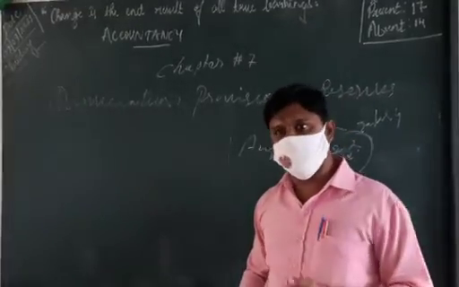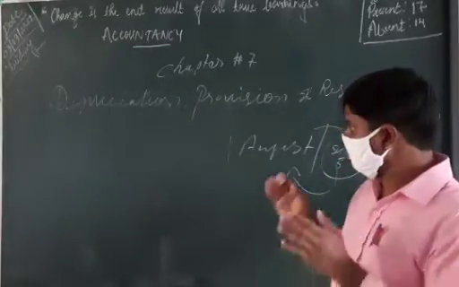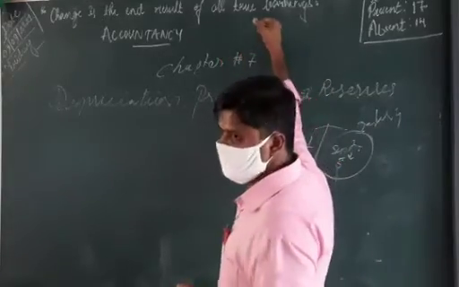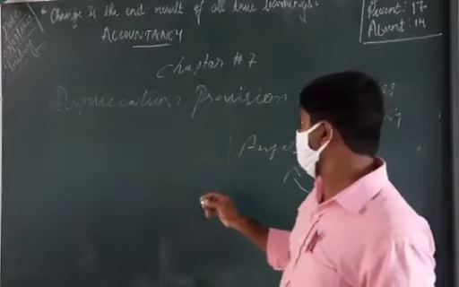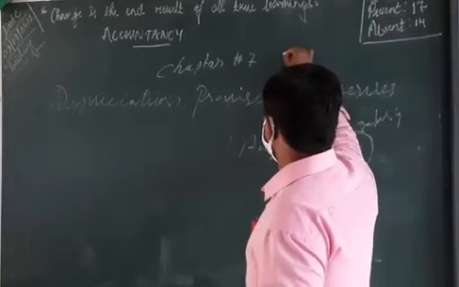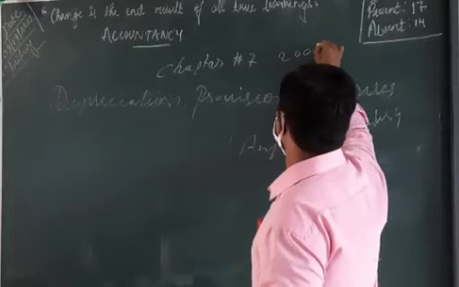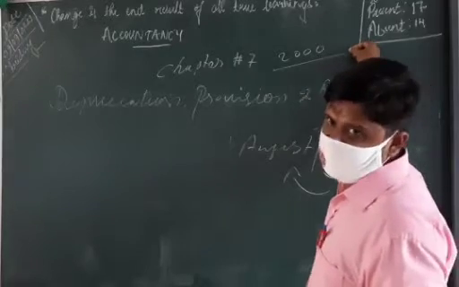Instead, we pay the amount at once, but we calculate that this blackboard can be used for 10 years, and its price may be 2,000. So we make use of it for 10 years.